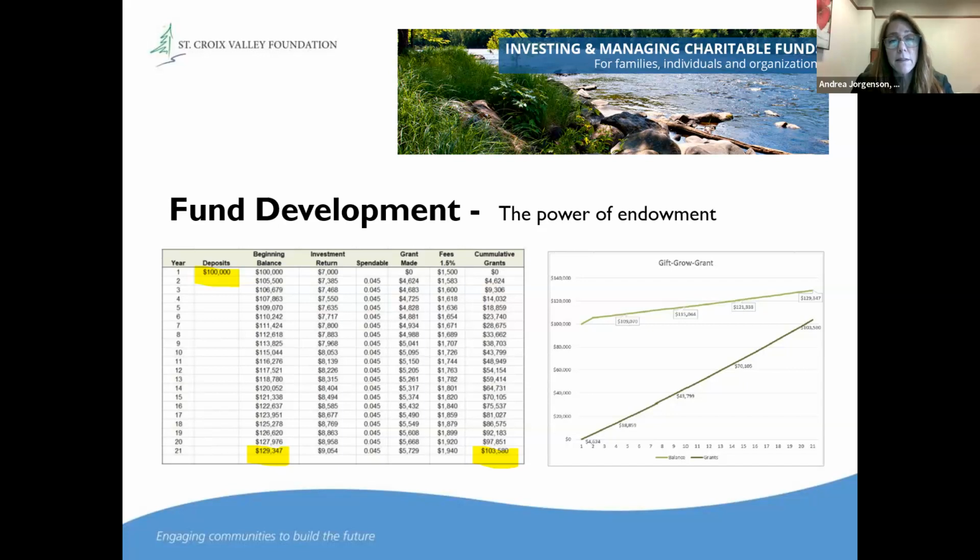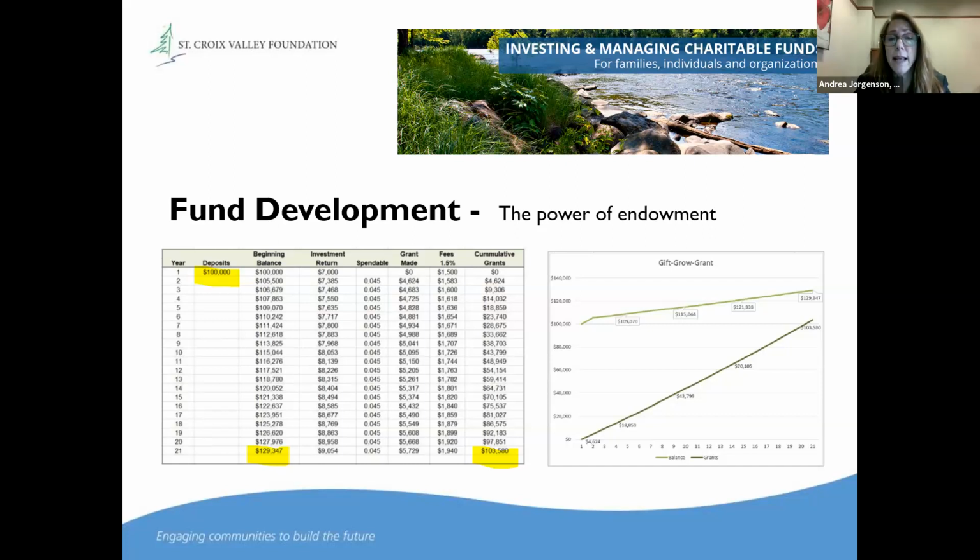As was mentioned earlier as well, one of the benefits of having an endowed fund is that our goal is to not take from the principal investment or gift, but to utilize the earnings. And as Emily mentioned, 4.5% of the annual earnings of that fund are available for the donor to direct how they would like those funds to be utilized, either via grants or however they have determined to utilize those dollars.